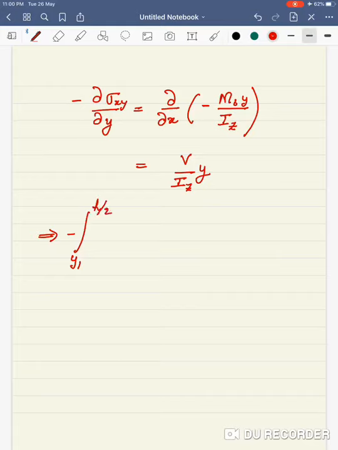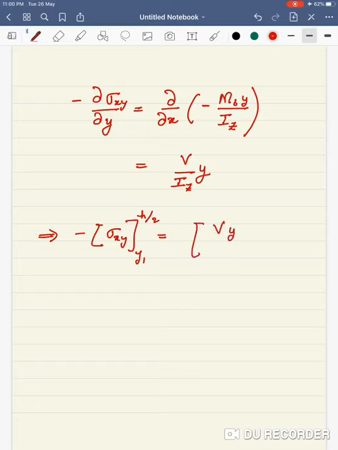This is rather straightforward, you should be able to do this mentally. I should be able to simply write y1 to h by 2, and on this side you have V y by Iz. This is the reason I'm keeping this negative, and on this side, c to h by 2.